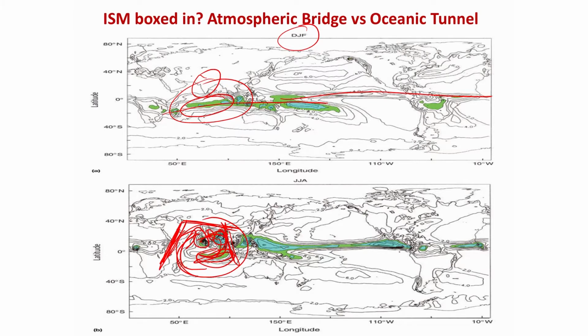That is potentially one reason why when you average rainfall over all of India, it almost remains fixed within plus or minus 10%. We will see the distribution.